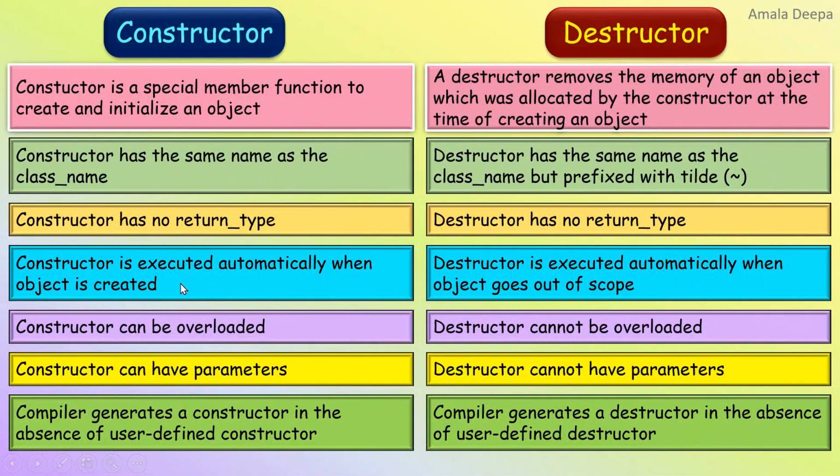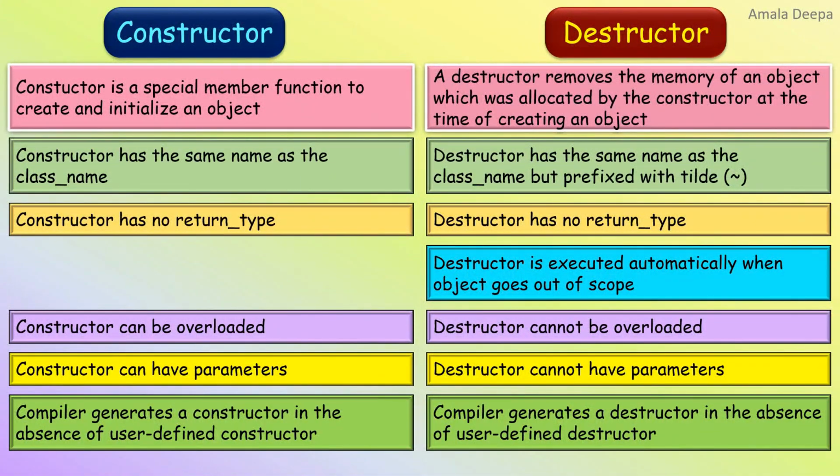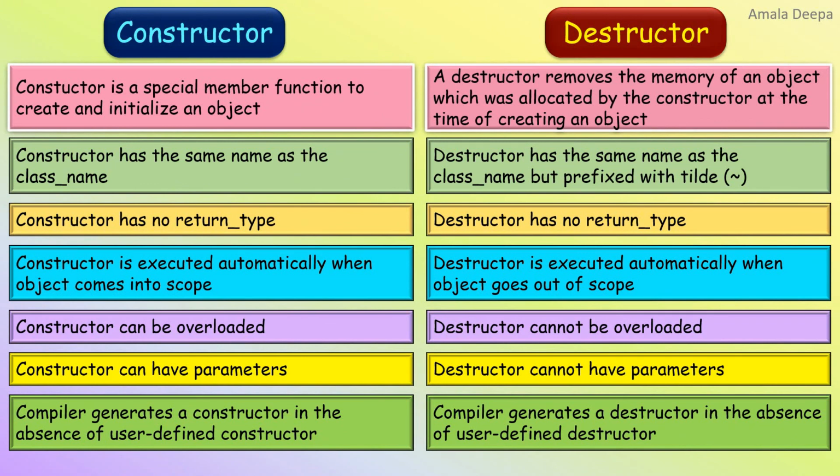We can also rephrase this point and write as constructor is executed automatically when object comes into scope. Here destructor is executed automatically when object goes out of scope. So in the same manner we can write here constructor is executed automatically when object comes into scope.